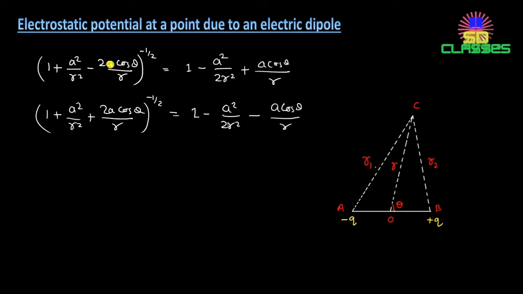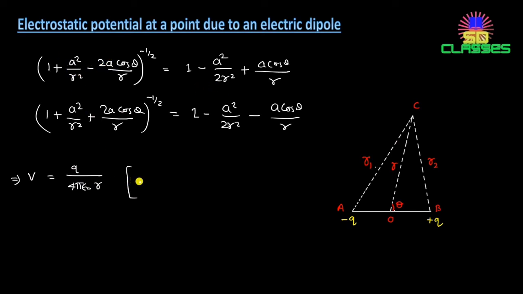So basically this one is your 1 by r2 and this one is 1 by r1. So in the previous equation I am going to put the value of these two. V equal to q by 4 pi epsilon, this was common, and inside it I am going to write the value of this one.